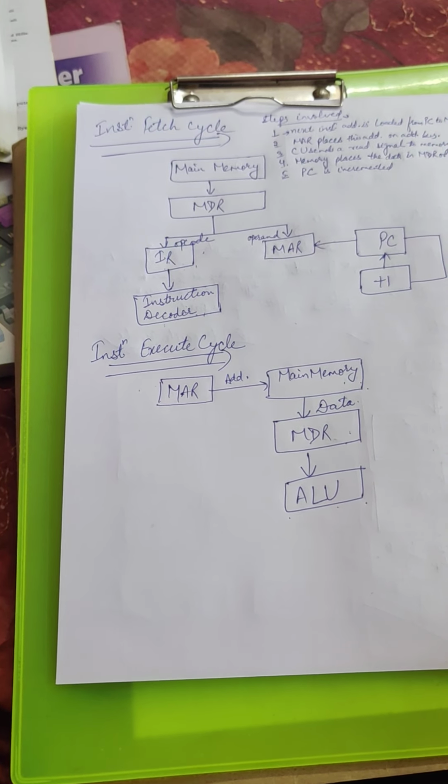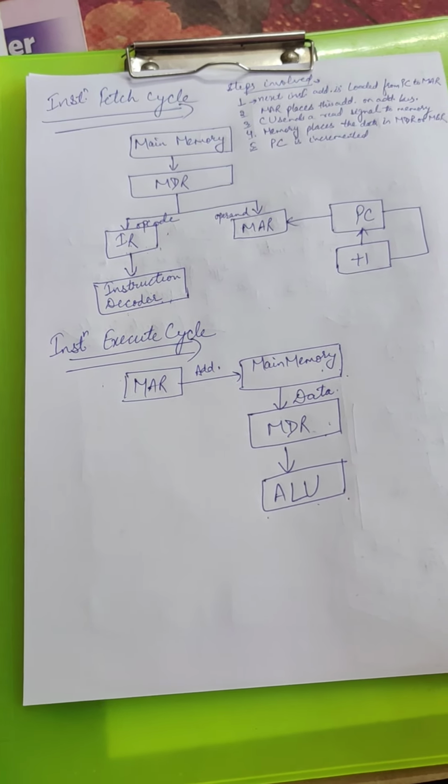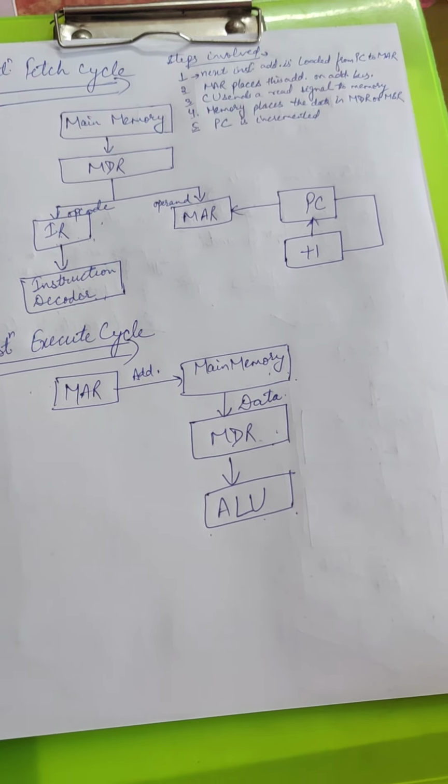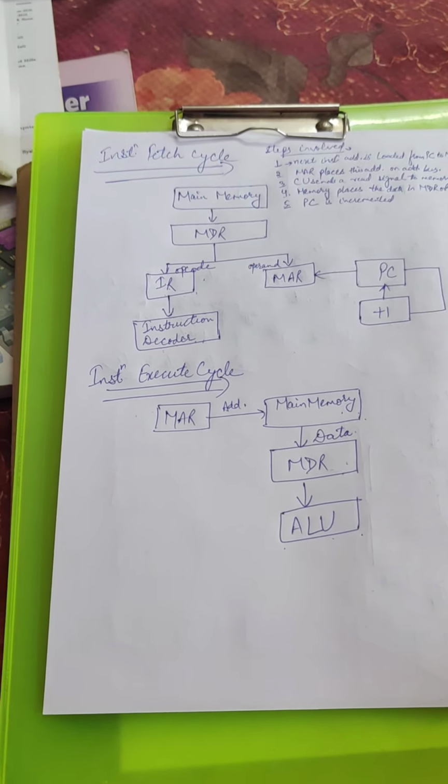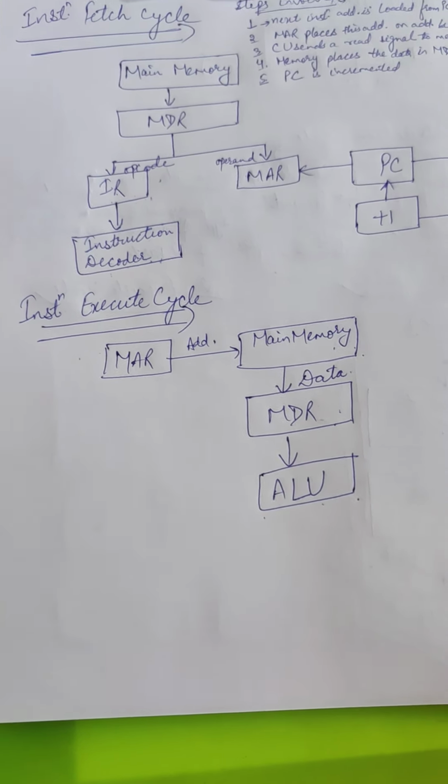Okay, opcode tells the operation to be performed, and operand gives the data on which that operation is to be performed.